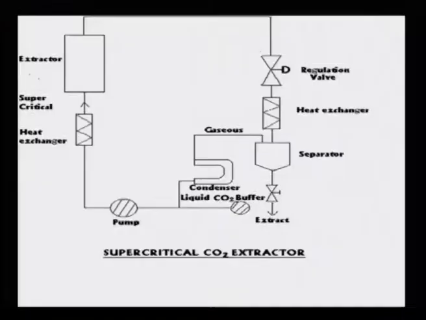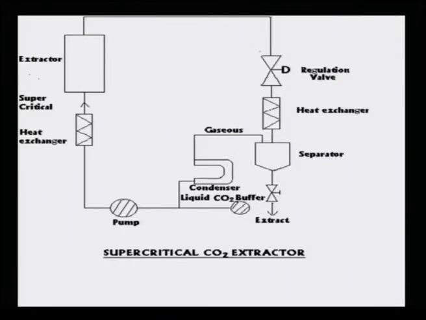Now, this is the critical temperature and pressure at which a gaseous material can be liquefied. When it is rarefied, the release of pressure can bring it back to the gaseous state. So, this is the fundamental that is adapted in the supercritical extractor. If I show you the flow diagram, you will be able to understand the working.